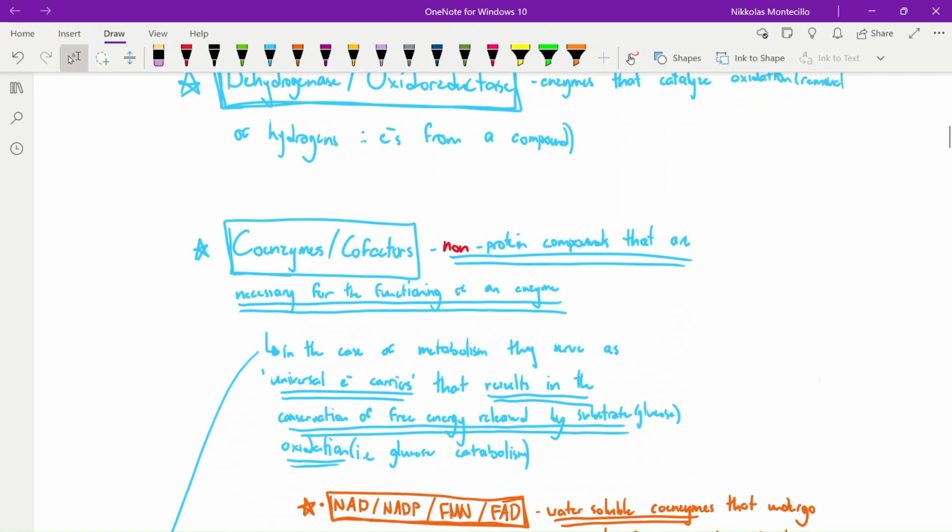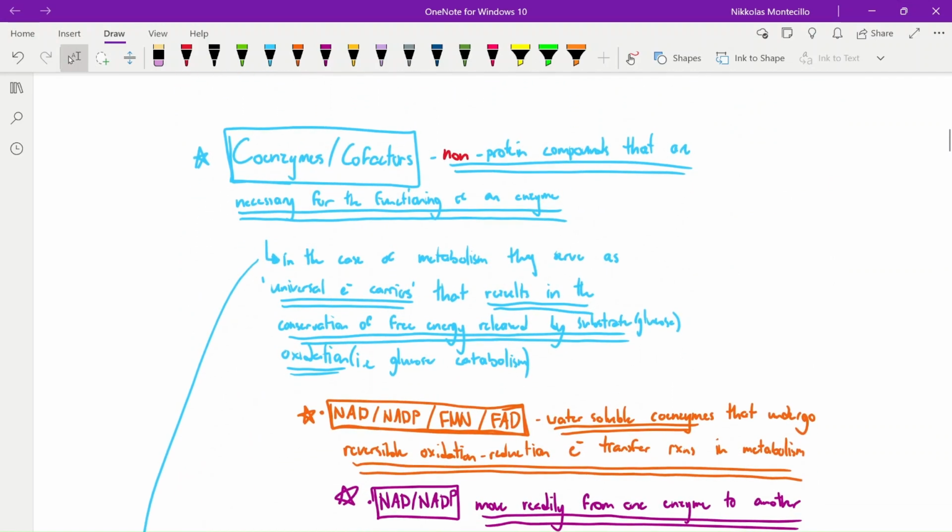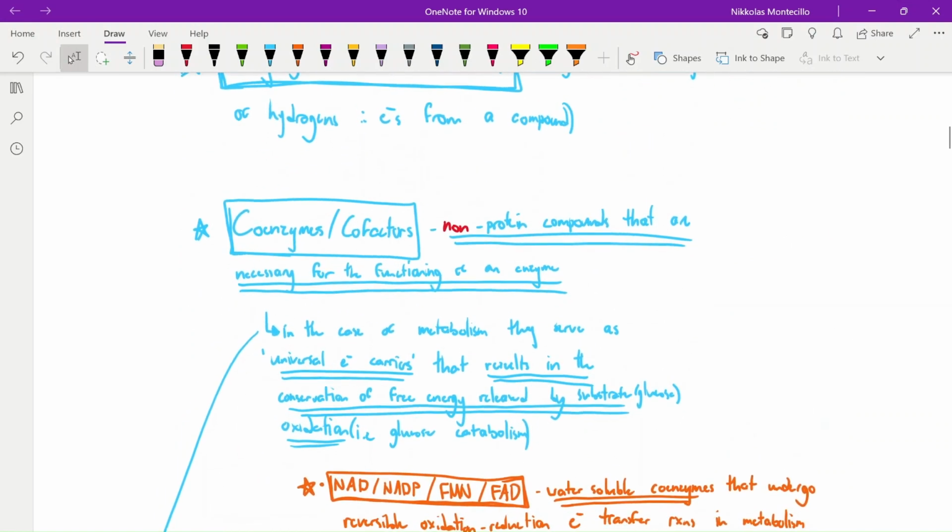Now, coenzymes or cofactors are non-protein compounds that are necessary for the functioning of an enzyme. In the case of metabolism, they serve as universal electron carriers that result in the conservation of free energy released by some sort of substrate.